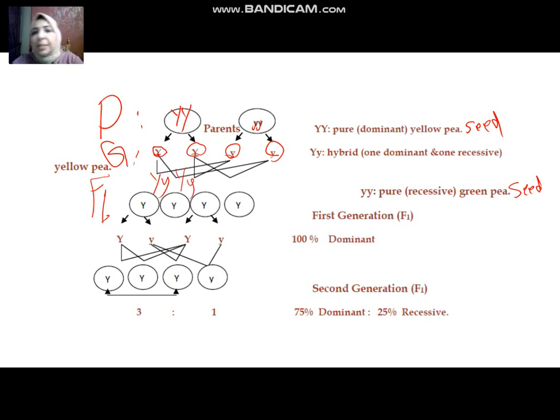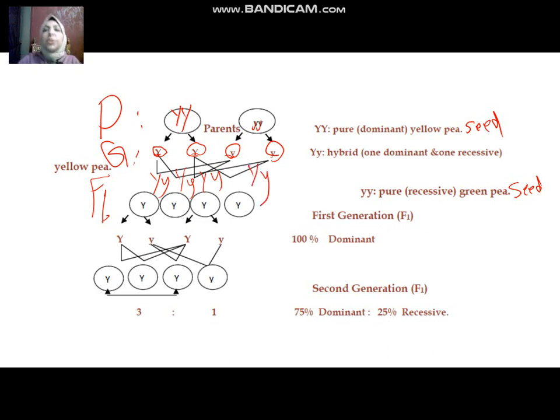Then the second gamete with the first: Y capital, y small. And the second gamete with the second: Y capital, y small.